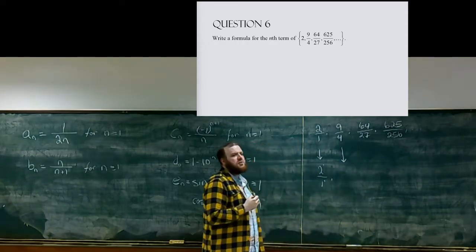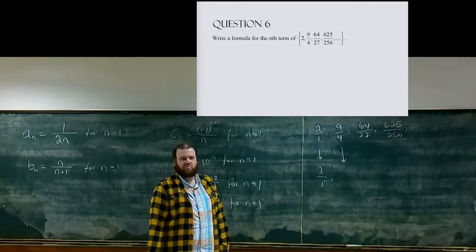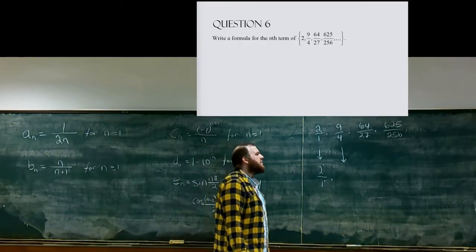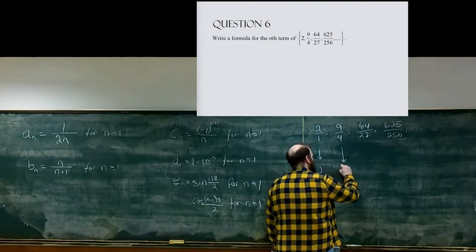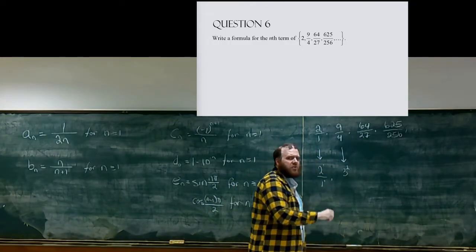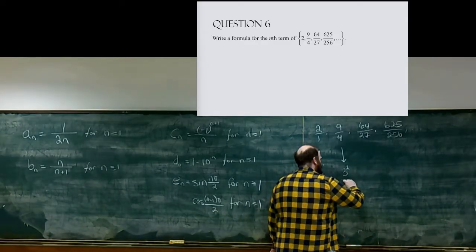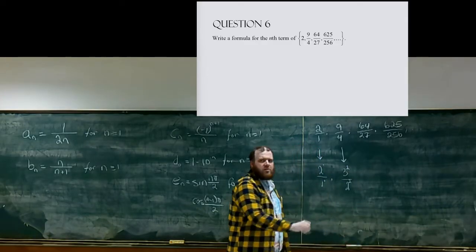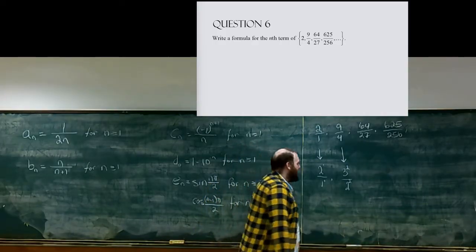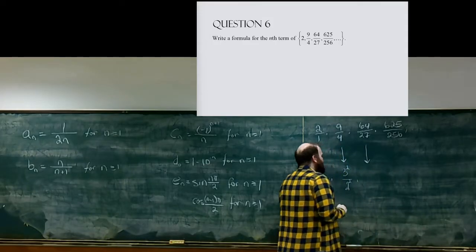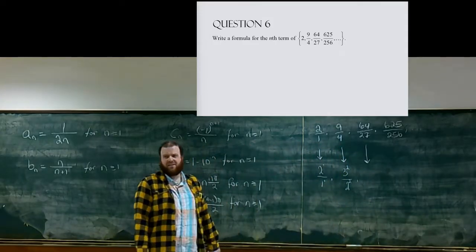Nine over 4. Well, 9 is three squared over 4, two squared. 64 over 27.